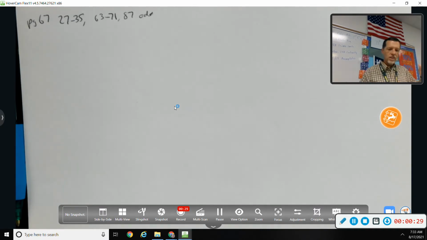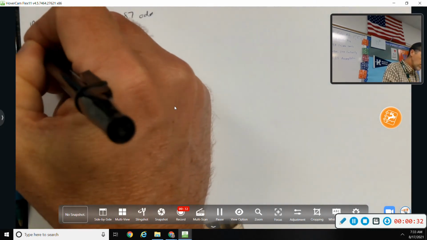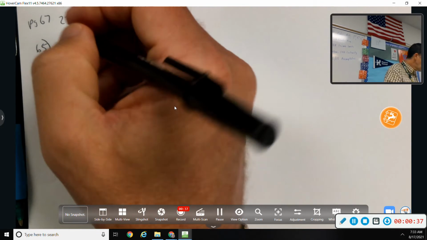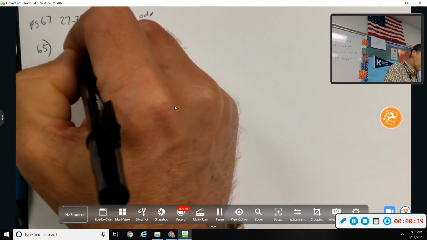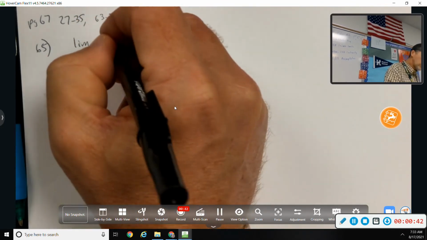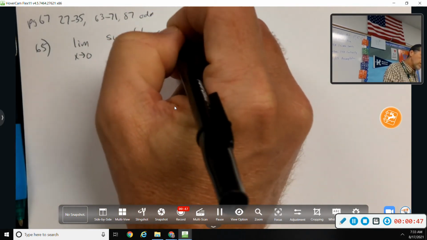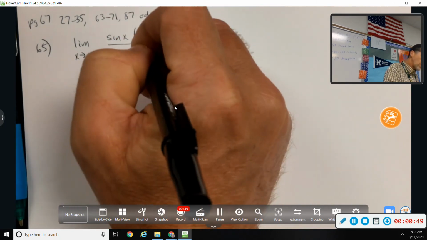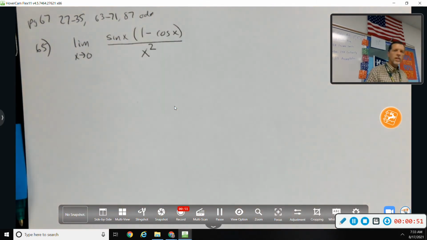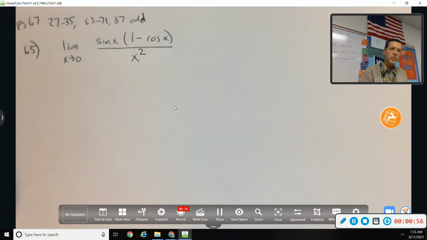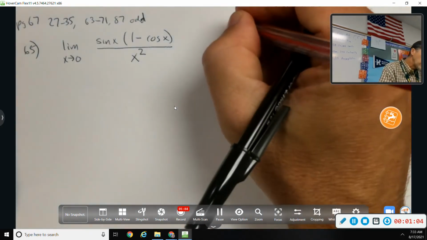Number 65. The limit as x approaches 0 of sine of x times 1 minus cosine of x, all over x squared. That's a good question. I was just looking at the quiz, and I don't think this one is exactly on there, but there was one kind of close to this. I'm thinking back to those special limits that we're supposed to know.